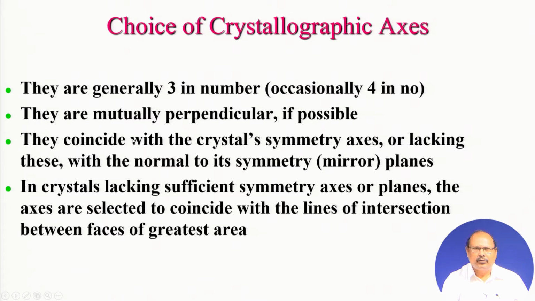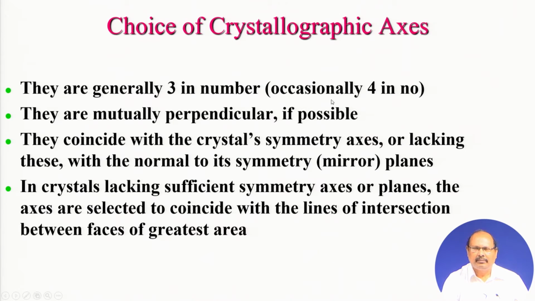Thirdly, they should coincide with the crystal symmetry axes. If symmetry axes are present, for example a 2-fold or a 3-fold axis of symmetry or a combination of these, the preference is that the crystallographic axis should coincide with the symmetry axis.